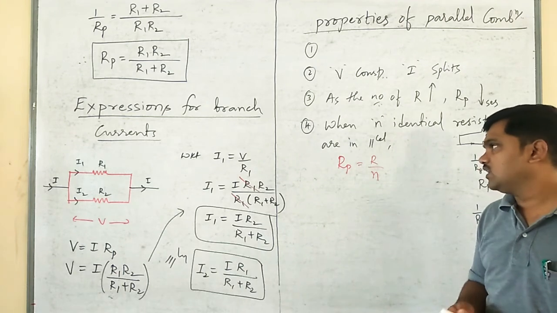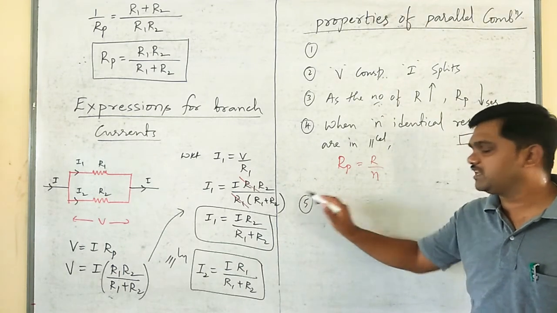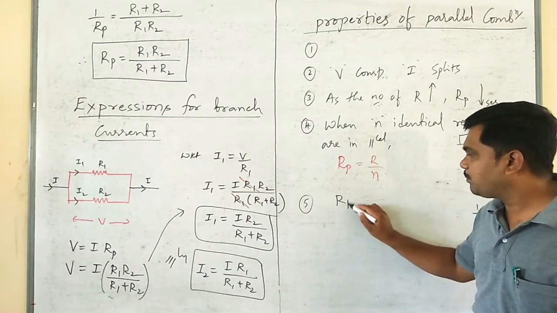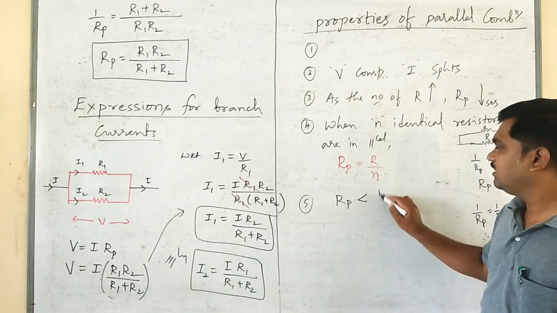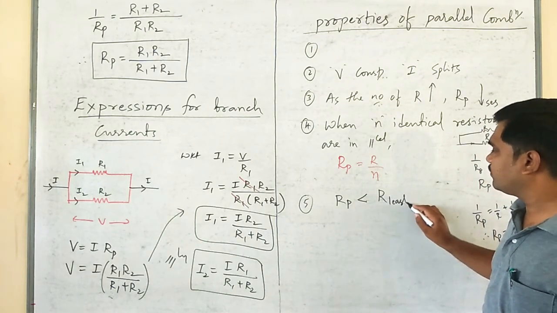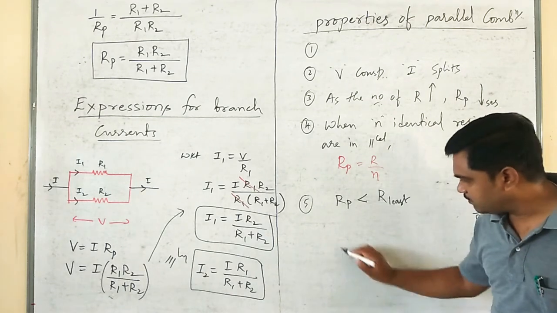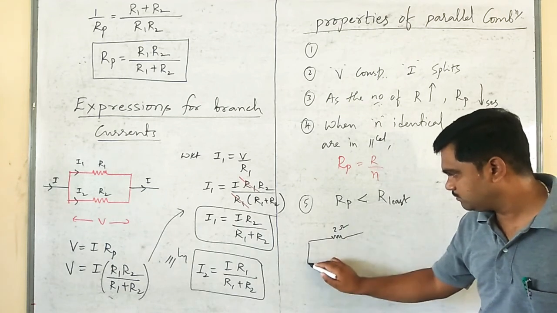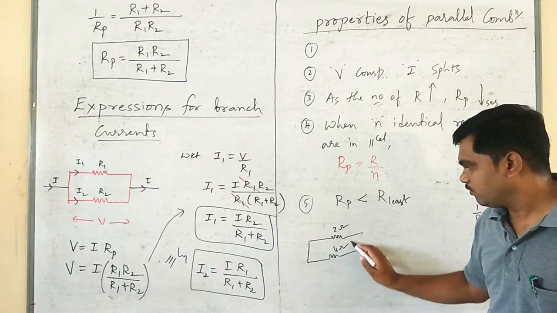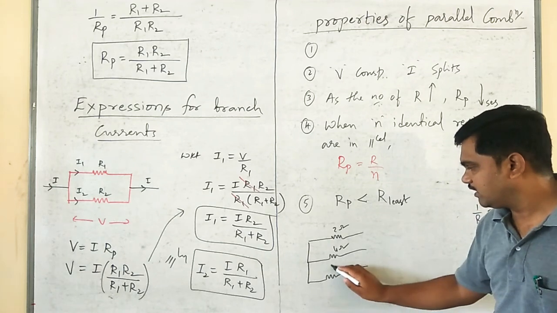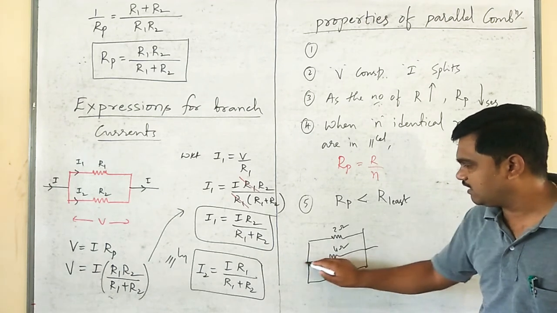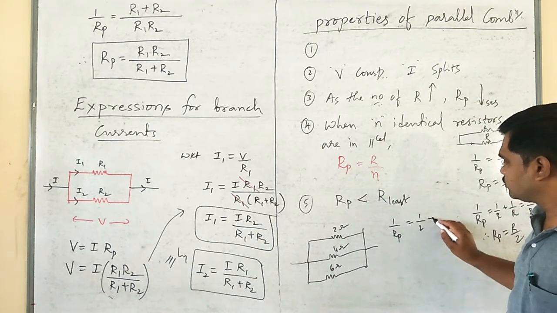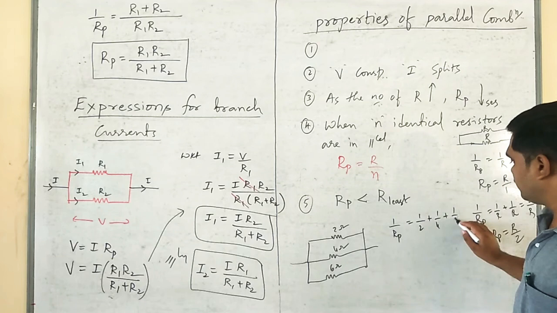Okay. Next, the last important property of this combination is, in case of a parallel combination, Rp is always less than the least value of R. It means, suppose you connect one 2 ohm, one 4 ohm, and one 6 ohm resistor in parallel, then if you take the 1 by Rp ratio, it becomes 1 by 2, 1 by 4, 1 by 6.